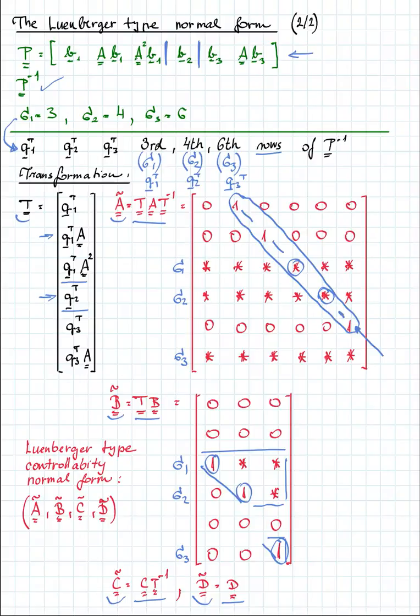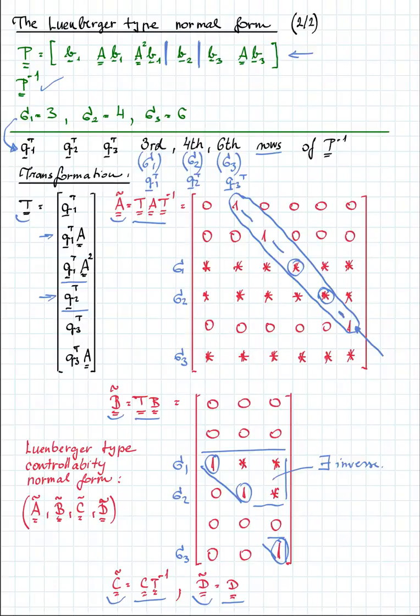Because of this very special form, this term always has an inverse matrix. The inverse of these elements exists, and it will be very important when we use this normal form in the calculations later.